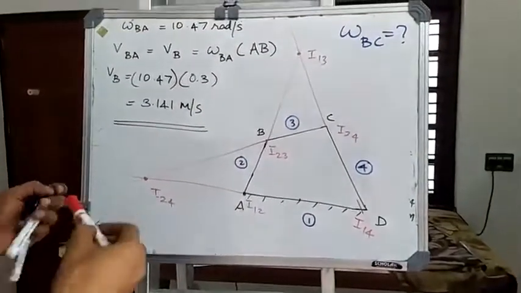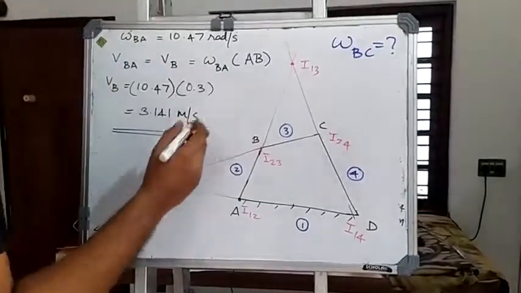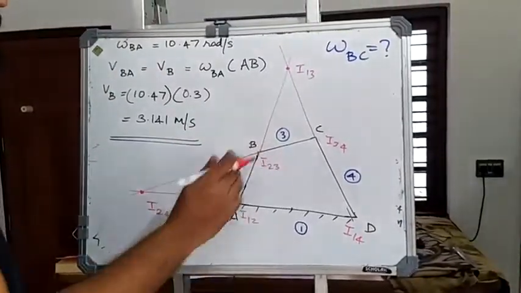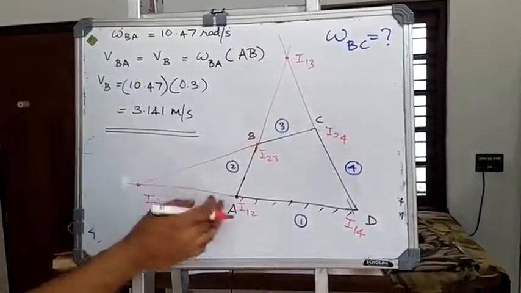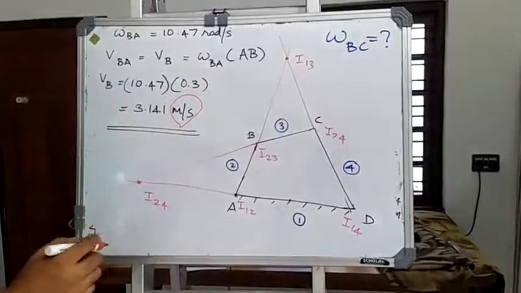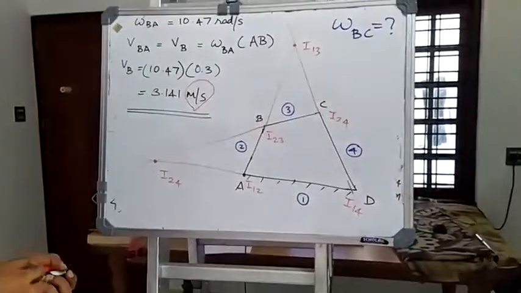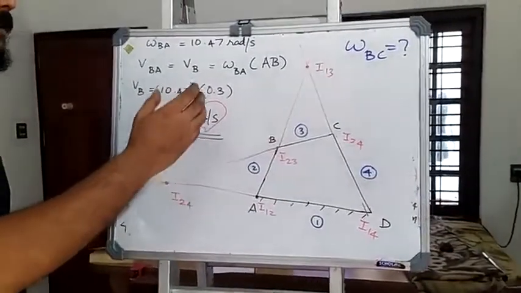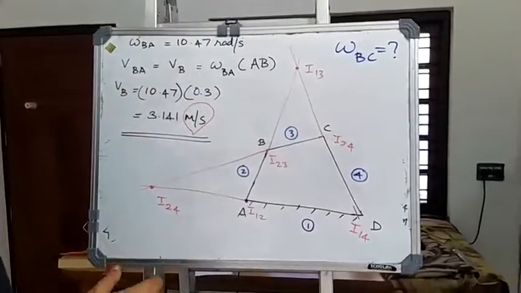Again, note what we are finding out is the linear velocity of B about the fixed point A. Hence the linear velocity is represented in the unit meter per second. Again, you have to be very careful with respect to the units of the values that you are finding out.